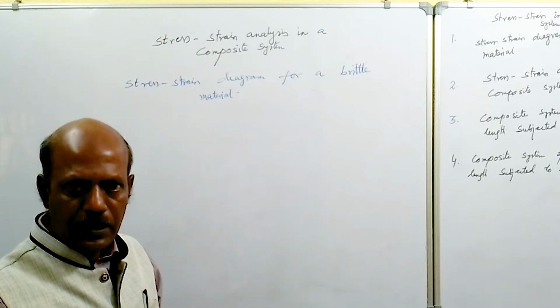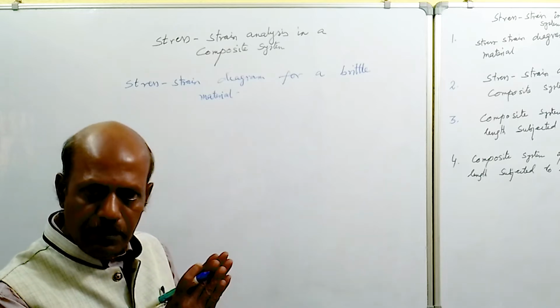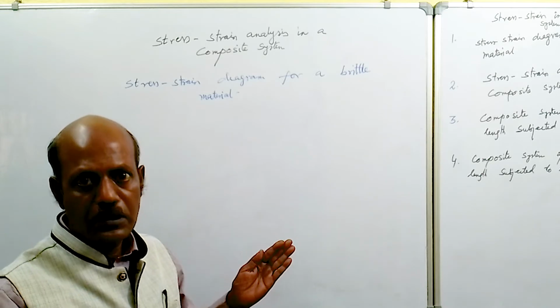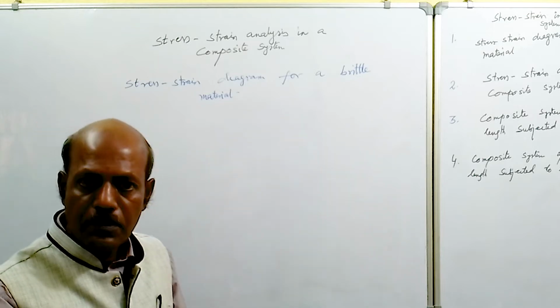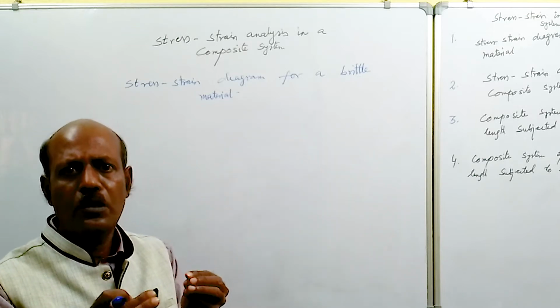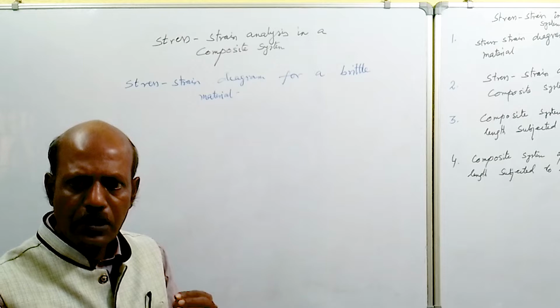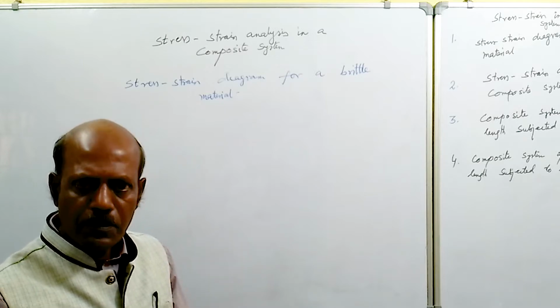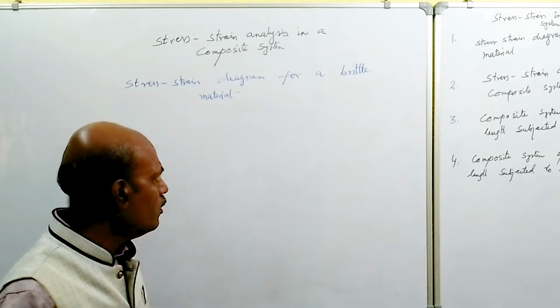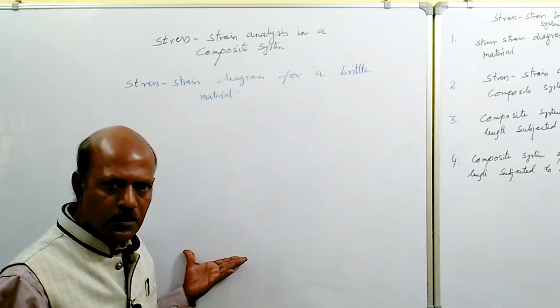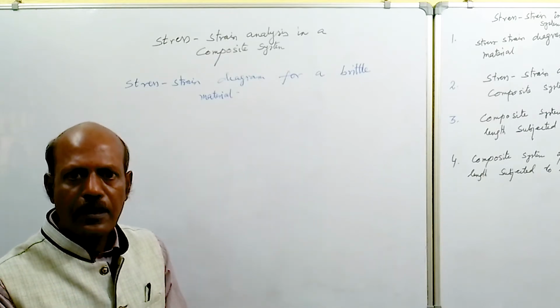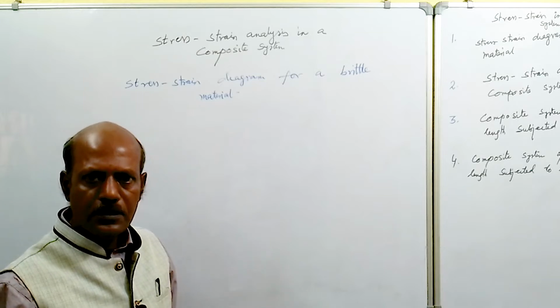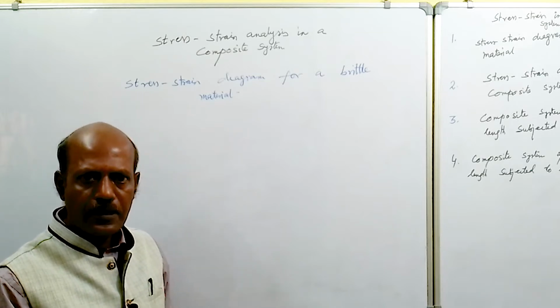In case of a ductile body, there is a large deformation produced before failure, but in case of brittle material, there is very small deformation or no deformation produced before the body fails. Those materials are known as brittle materials, like cast iron.